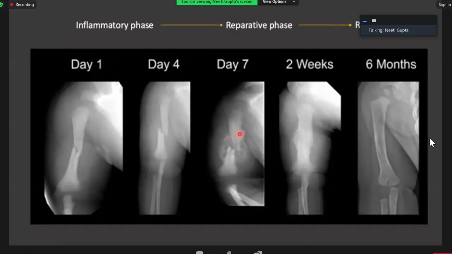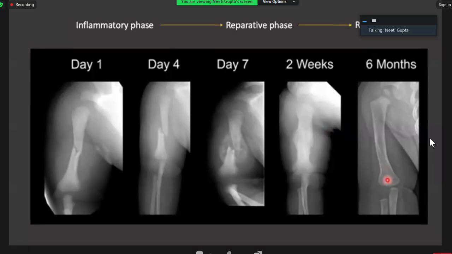And because of the higher remodeling potential of bone in children, even though there is so much malalignment at the fracture at this time, they don't usually go for an open reduction. The bone remodels itself, and generally in a few months or a few years, you will see that the bone looks as good as new.